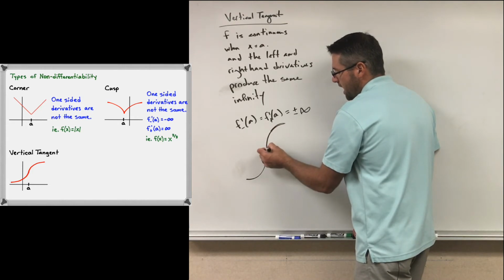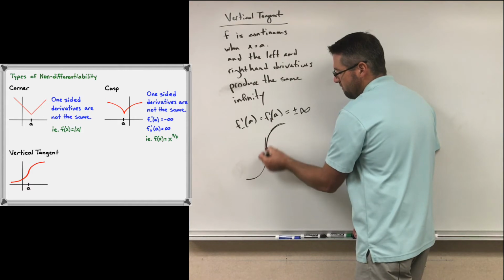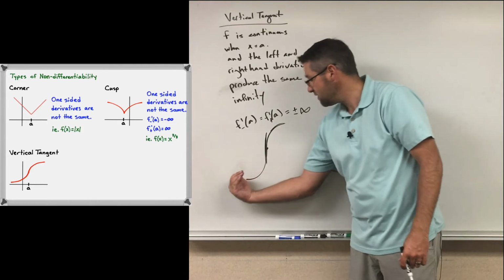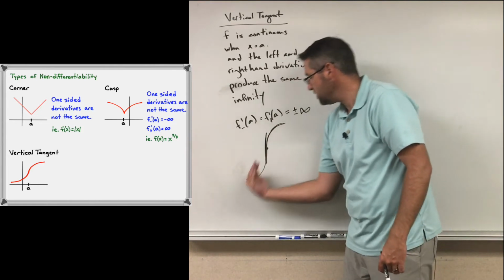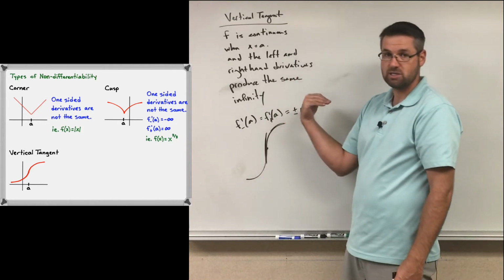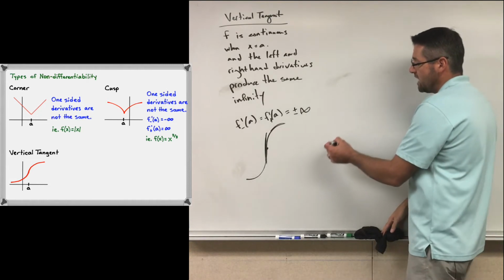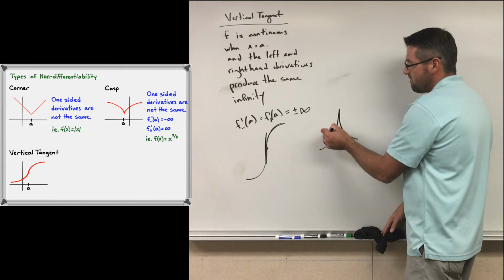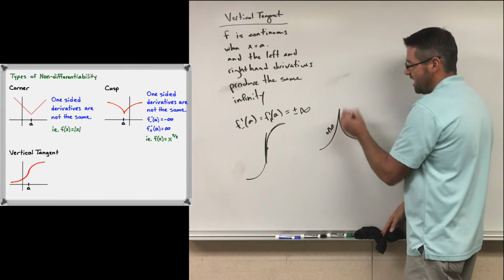So at this point we get a vertical tangent line, because the infinities agree: this one's increasing, and from that point it's increasing also. Whereas in the cusp, it was increasing and then decreasing. So here we have a positive infinity slope, here we have a negative infinity slope.